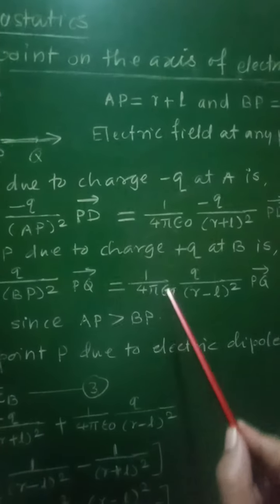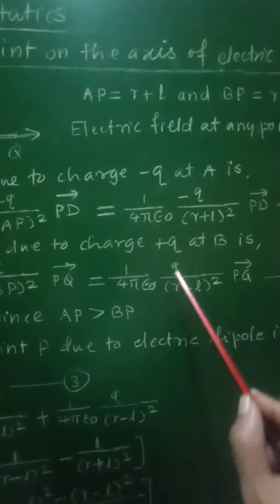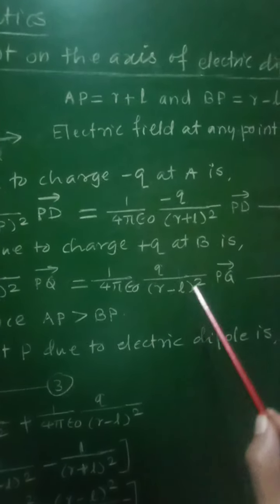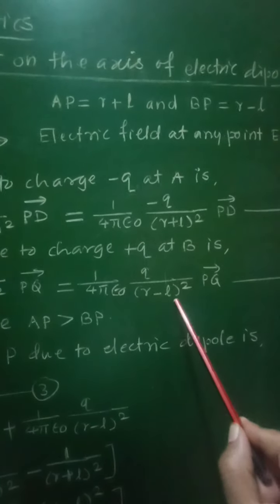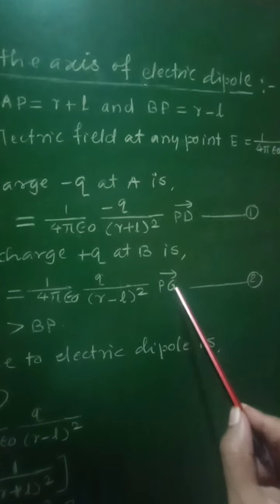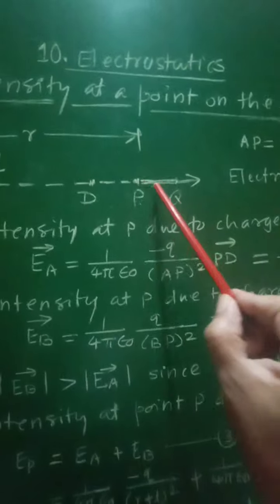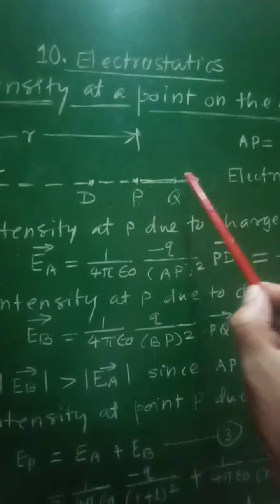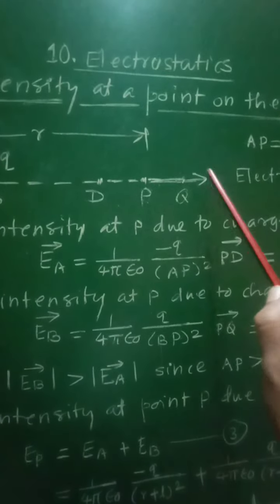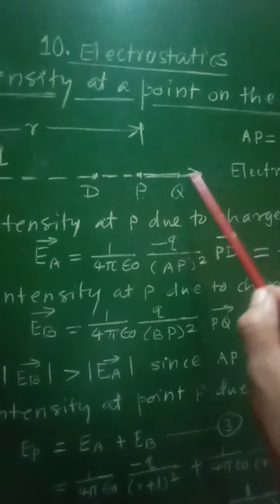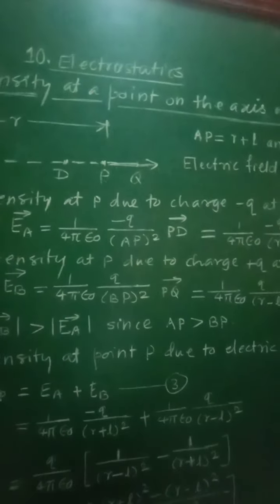So, that will be equal to 1 upon 4 pi epsilon 0 into q upon R minus L whole square into unit vector PQ, equation number 2. Now for this positive charge, PQ, which is directed away from the charge or away from the electric dipole, will be the unit vector.